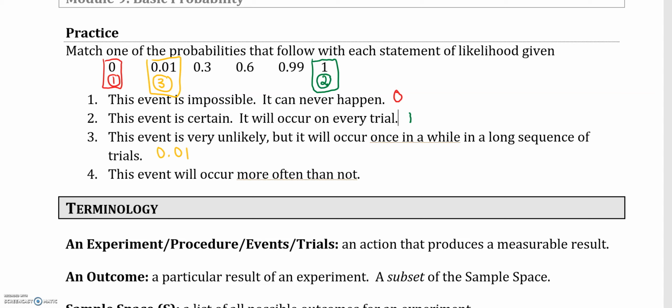Okay, and then part 4, this event will occur more often than not, which means most of the time, more often than not would be just more than half. And we would associate that with a probability of 0.6.